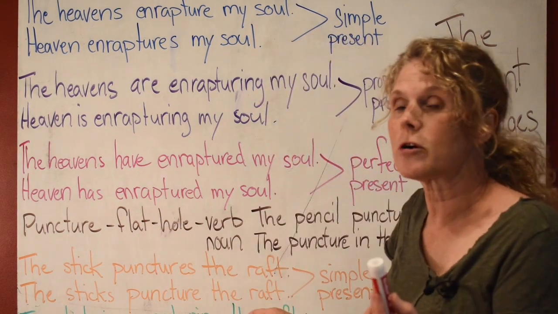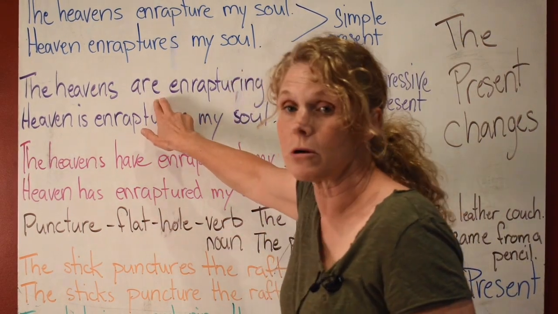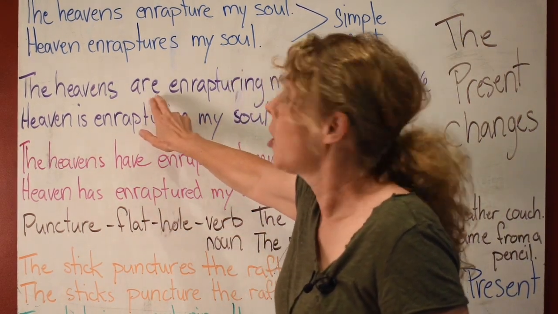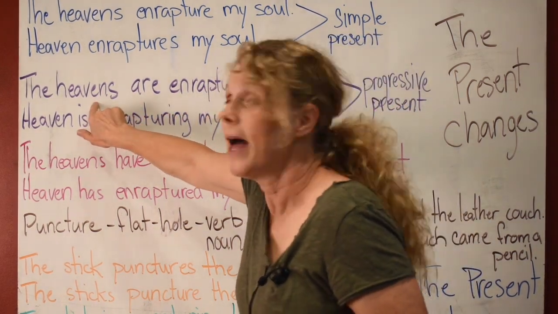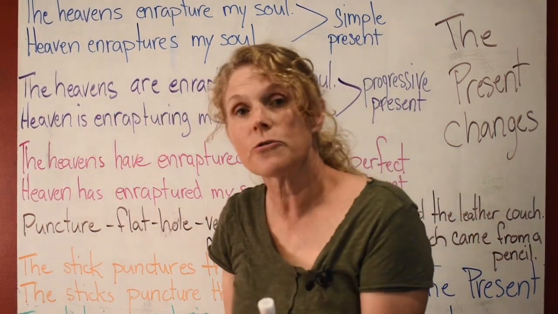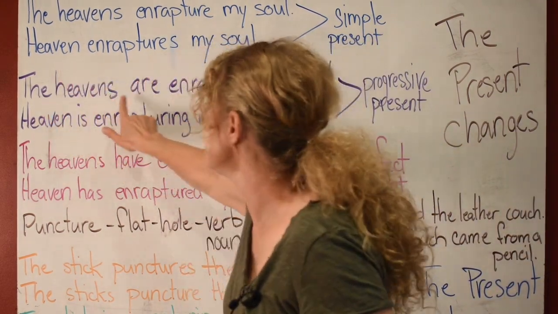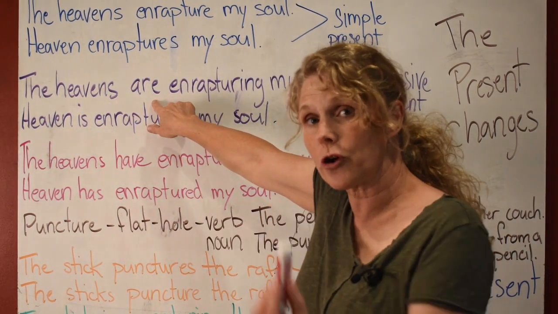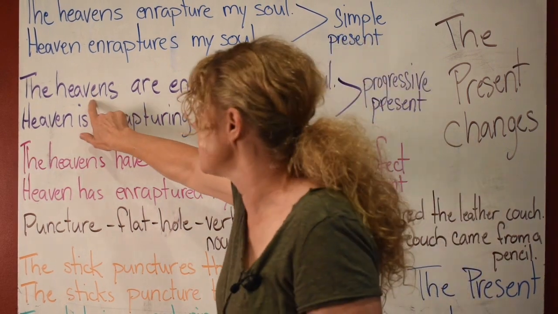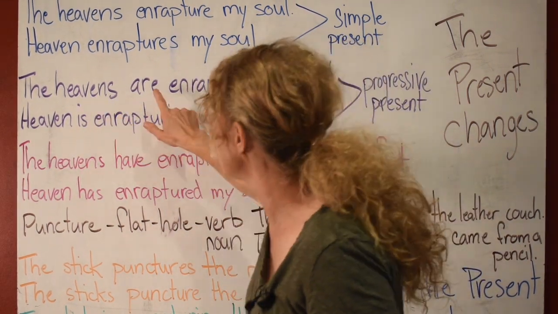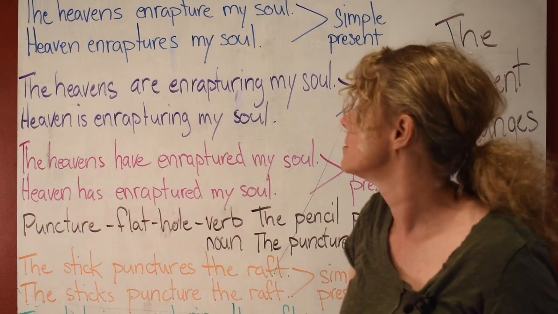So your helping verb is what is figuring out your plural. Does that make sense? Are is plural. Heavens is plural because your noun has to have the plural s. It makes the plural, so you have to make sure your verb is plural. If your noun is singular, you have to make sure your verb is singular.